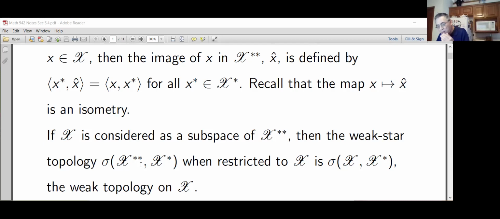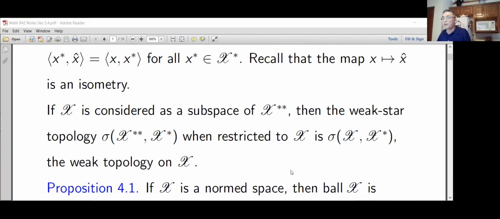Since X is embedded into X double star, the restriction is a topology on X. This topology on X is defined by the family of the seminorms induced by elements in X star. And the same is true for the weak topology, defined by a family of seminorms induced by elements of X star. So that's why the restriction of this is the same as this.